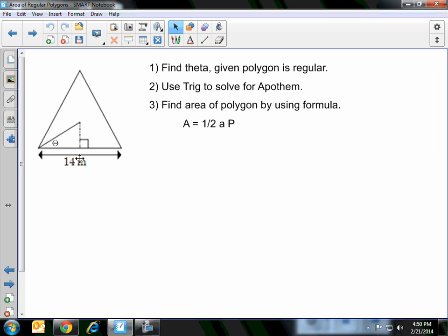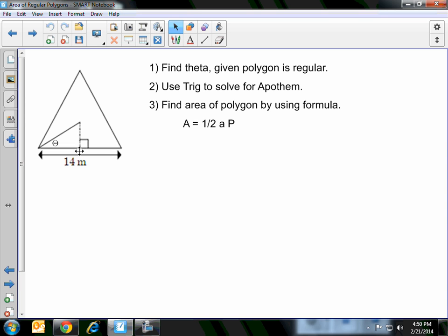So theta, there's my little symbol for theta down here. Theta is the angle in the little triangle here that we are going to create to find this right here. It goes from the very center of the shape perpendicular to a base.